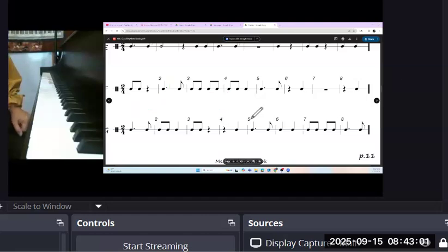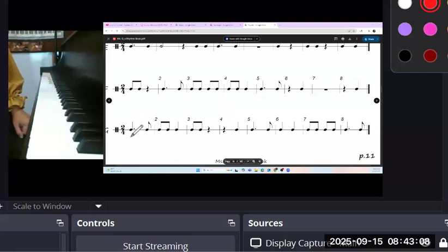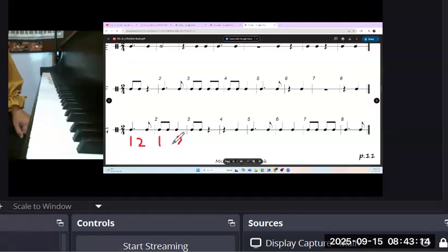And finally, the bottom line, this one. Again, we're counting in 1 and 2. Okay, 1 is here, 2 is here, 1 is here, 2 is on the rest, etc. Here we go. 1 and 2.